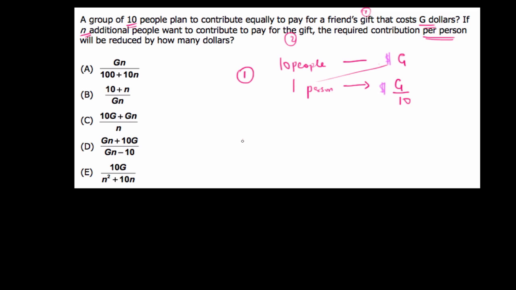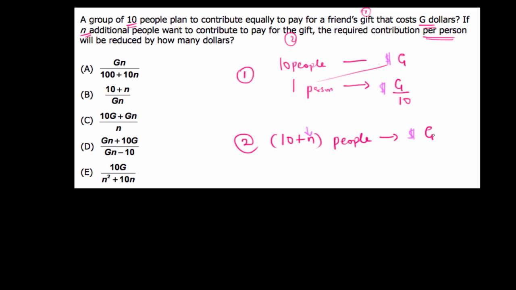Now let's go to statement 2. It says that if n additional people want to contribute to pay for the gift, the required contribution per person will be reduced by how many dollars? So n additional people means 10 plus n people want to pay for a gift that costs G dollars.